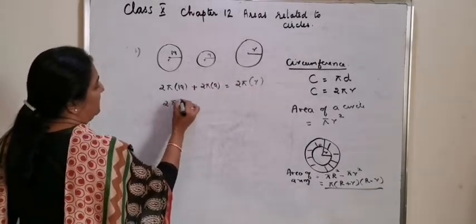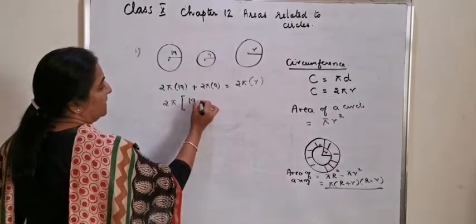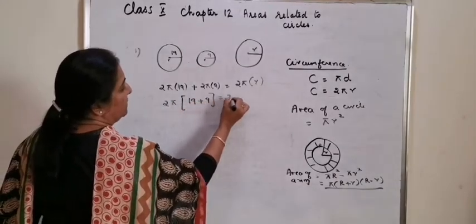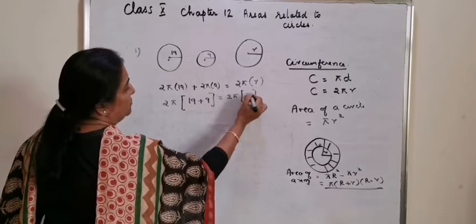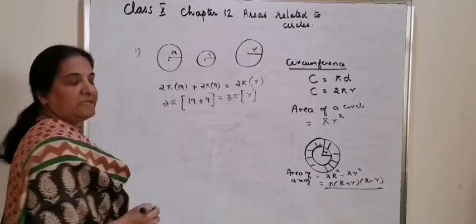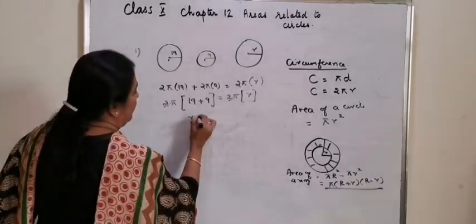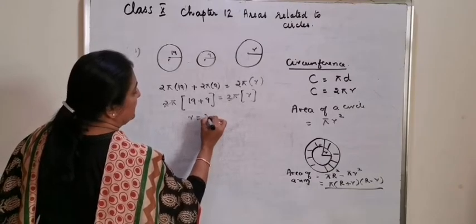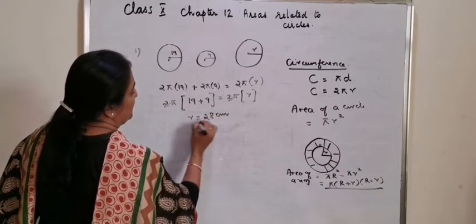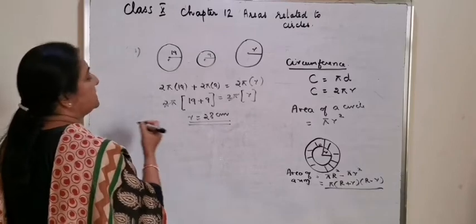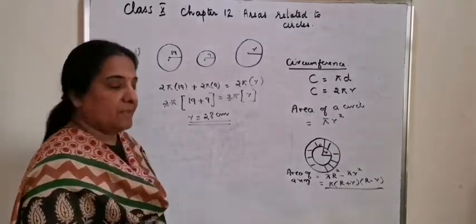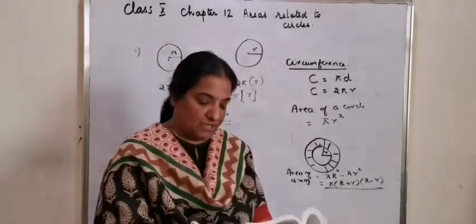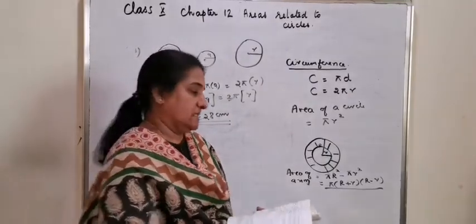If you take the common factor of 2 pi, 19 plus 9 is equal to 2 pi into r, the same quantity is getting cancelled, or the radius of the new circle is 19 plus 9, which is equal to 28 centimeter. A similar question based on the area is the second one.